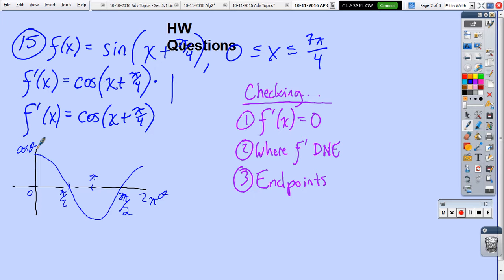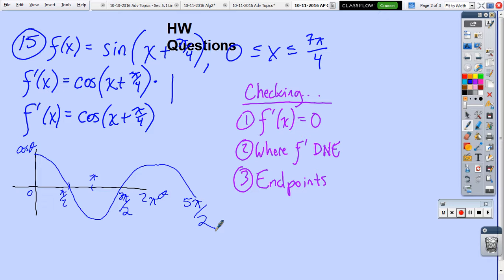It would also be 0 at 3 pi over 2, 2 pi, and then back down to 0 at another half pi, so 2.5 pi, which is 5 pi over 2. Right, and then if it's too far over, I'll just eliminate it as a possibility.